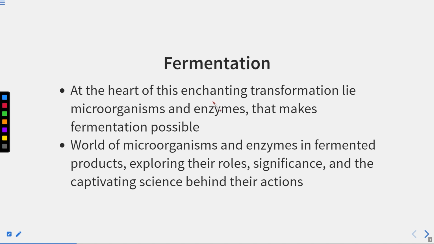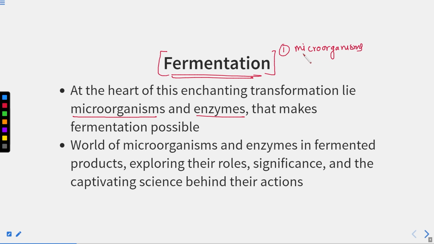At the heart of this enchanting transformation lie microorganisms and enzymes. Behind the process of fermentation, two things are very, very important. The first thing is microorganisms. Without the presence of microorganisms, this process cannot take place.